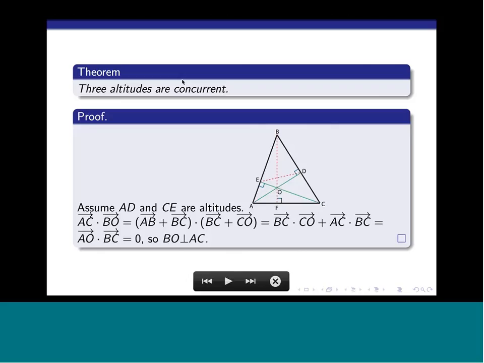So then you add together, you get BC dot AO. But BC dot AO is 0, so it's 0. So BO is perpendicular to AC. You see it? So analytic geometry is very, very powerful. Okay.